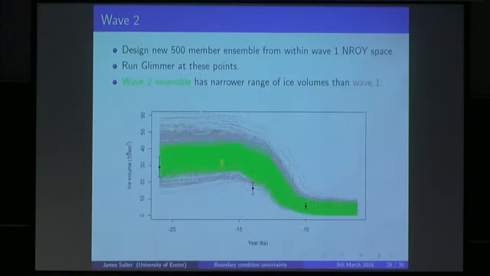So this plot shows the volume through the deglaciation of the North American ice sheet. The grey lines are the runs that we had at wave 1, and the green lines are the runs that we have now at wave 2. And this black dot and error bar show where the observations are. So we've managed to cut down the spread of runs at wave 1.